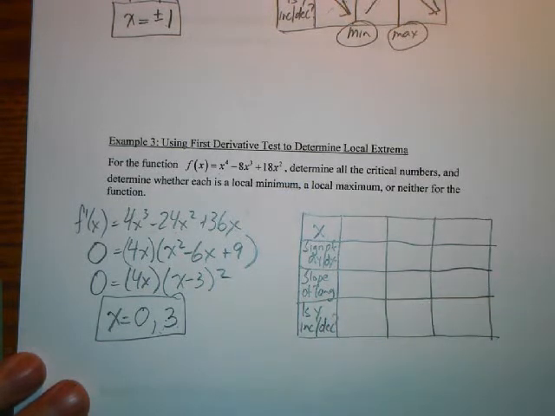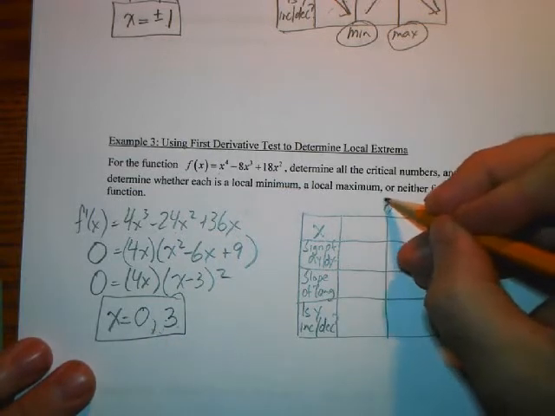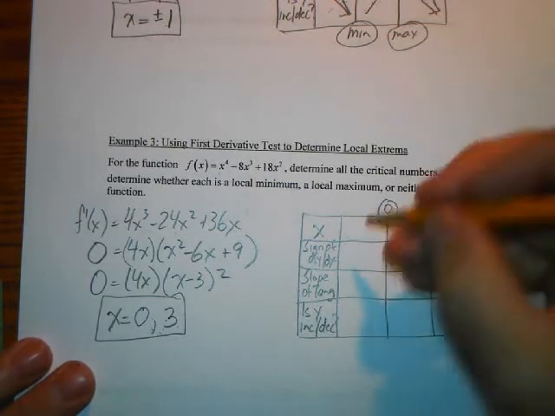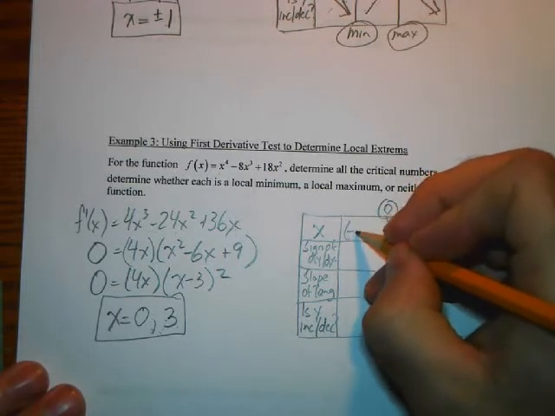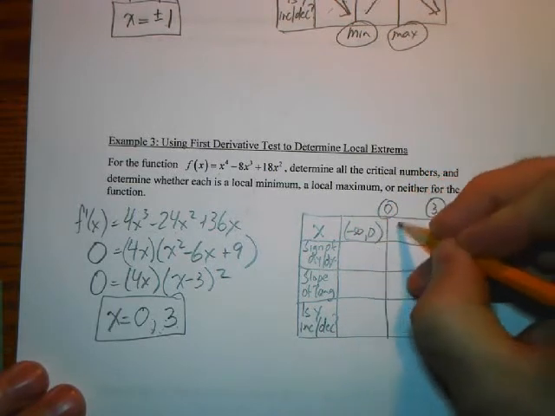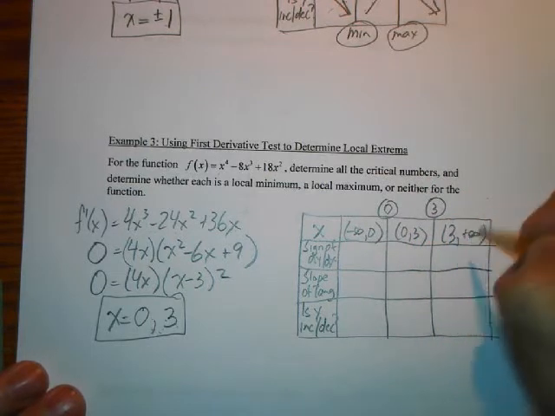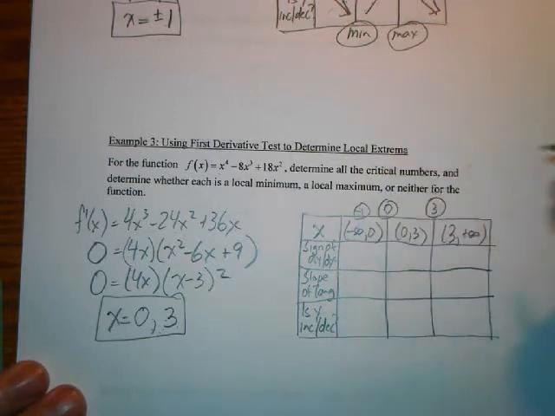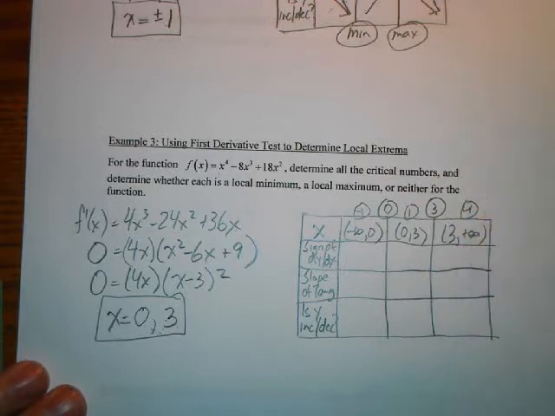Now again, I got 0 and 3, so I could put those on the border lines, and then my intervals will be to the left and right of those values. So negative infinity to 0, 0 to 3, 3 to positive infinity. Test values, I could do a negative 1 here, a 1 here, and a 4 here.